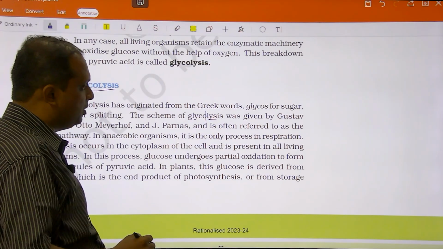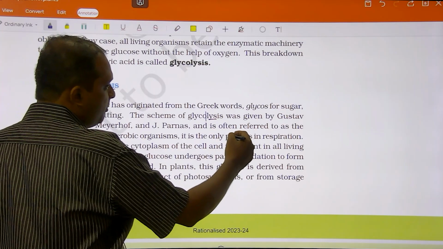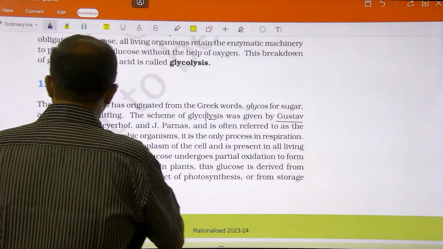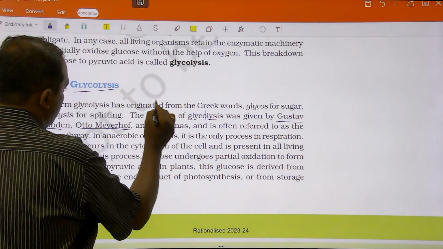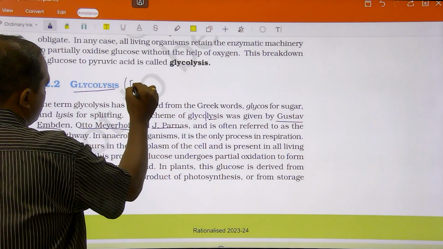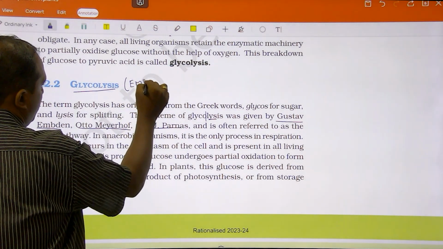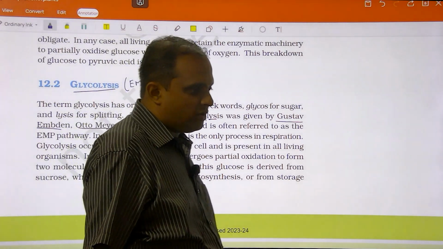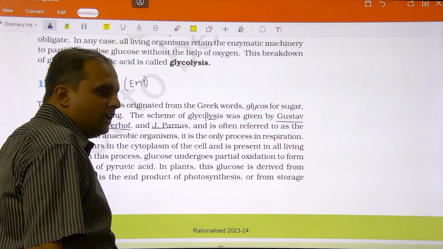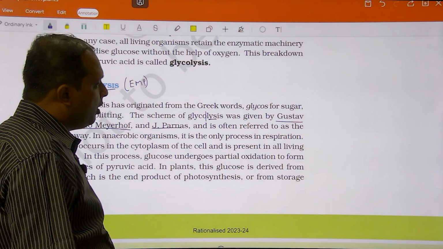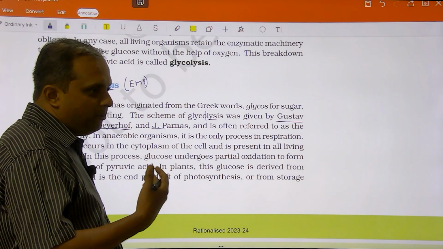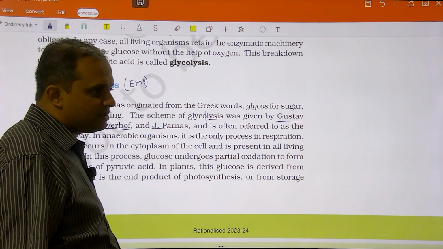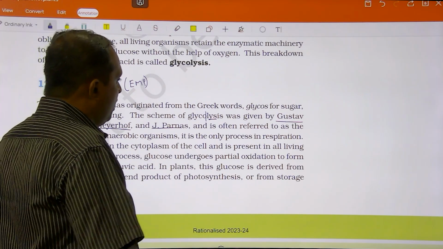There is a breakdown of glucose, a scheme given by Gustav Embden, Otto Meyerhoff and J. Parnas. That's the reason why glycolysis is also called the EMP pathway, because obviously the due credit has to be given to the people who discovered this scheme.